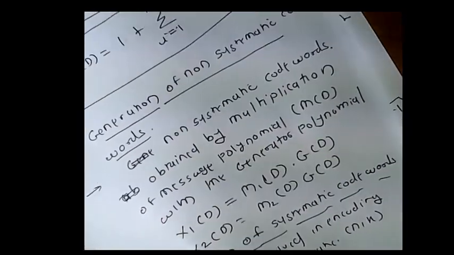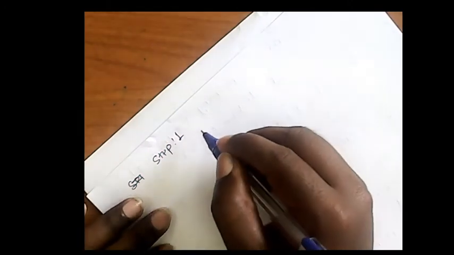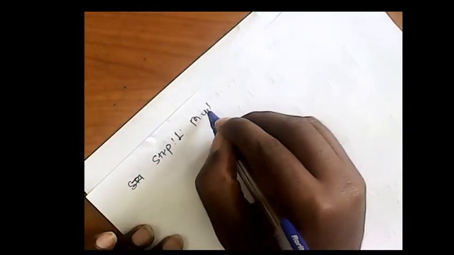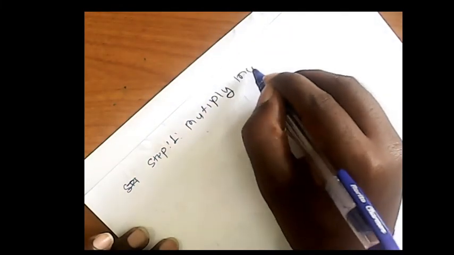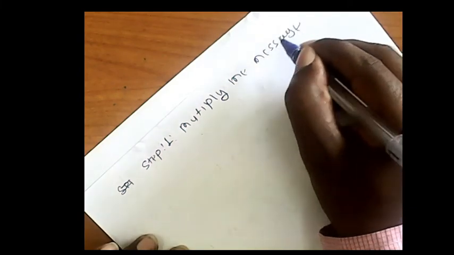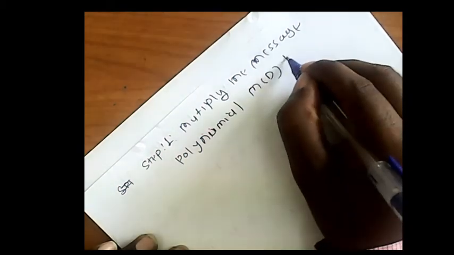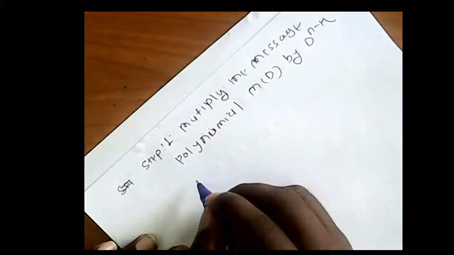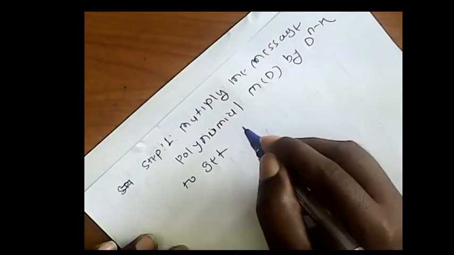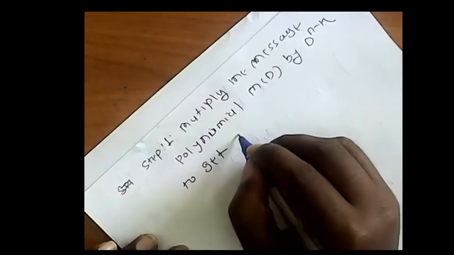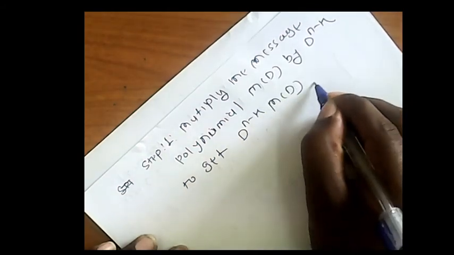Okay, so what are the steps to be followed? Step 1: multiply the message polynomial, that is m of d, by d raised to n minus k to get d raised to n minus k into m of d.